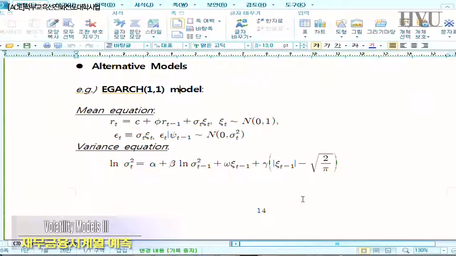What is the difference here? Why do we need this? Well, this model was proposed by a person named Daniel Nelson, and we econometricians believe that he's one of the geniuses in this area, but he died young. You know, he's too talented, and God loved him very much, so he passed away early.